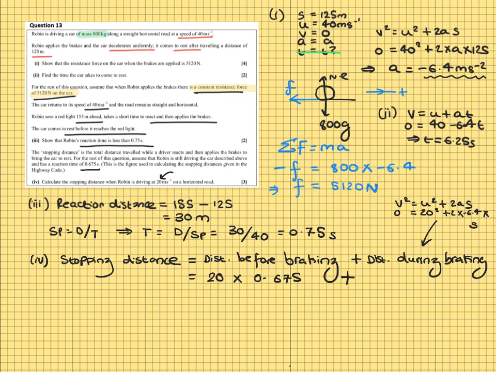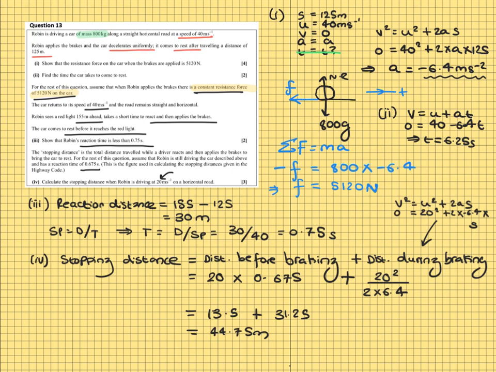So this gives us an s value, which will be equal to 20 squared divided by 2 multiplied by 6.4. We can then calculate the overall stopping distance. So this gives me 13.5 plus 31.25, which comes to 44.75 metres.